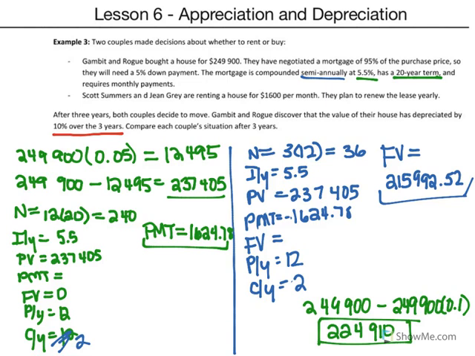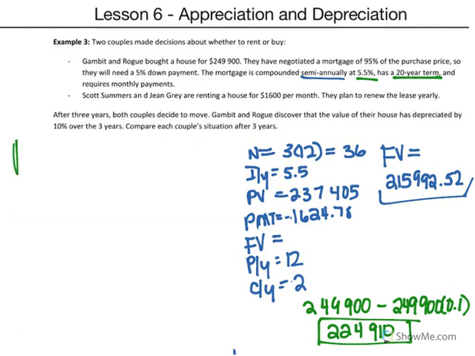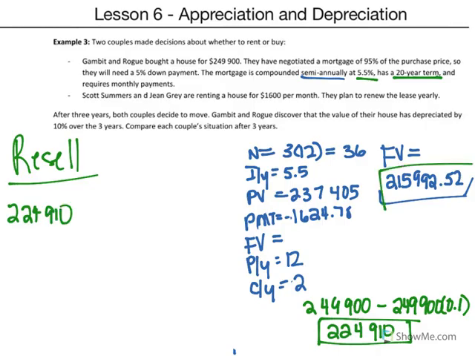So when we resell this house, we're going to take how much you can sell it for. So it's selling for $224,910. But we also have to take into consideration how much is left on the mortgage.